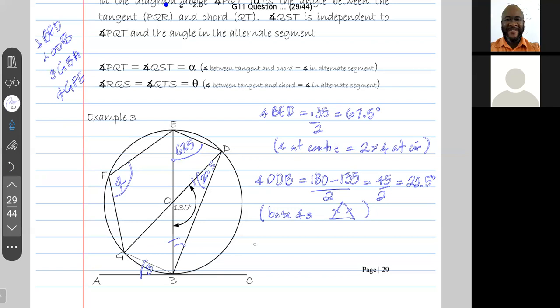Now, angle GBA, which is angle 3, is actually equal to 22.5 degrees. And this is the reason: the angle between tangent and chord is equal to angle in alternate segment.